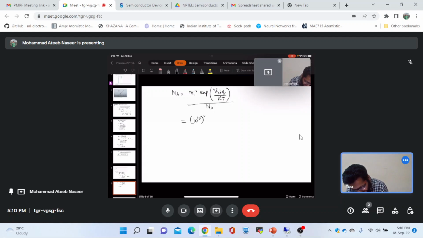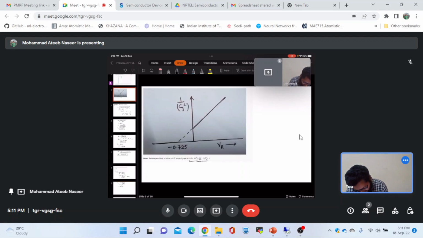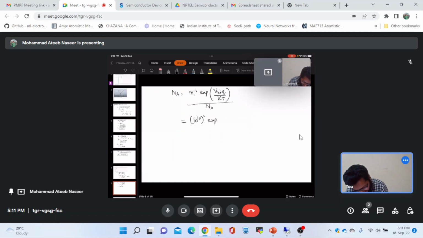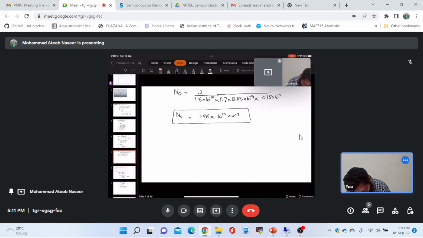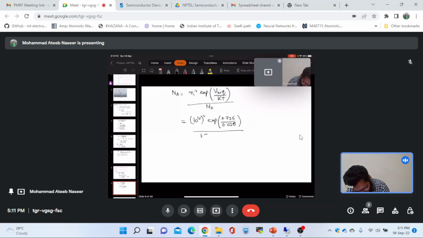Now let me put the values for this concentration. 10 to the power 10 exponential of VBI, we got 0.725, divided by the thermal voltage 0.026 for temperature equal to 300 Kelvin, divided by Nd, which we got to be 1.96 into 10 raised power 15. Let's solve this expression.